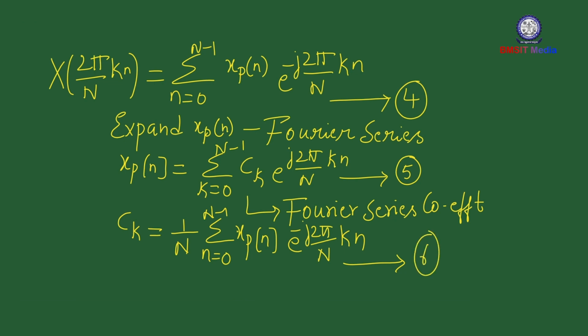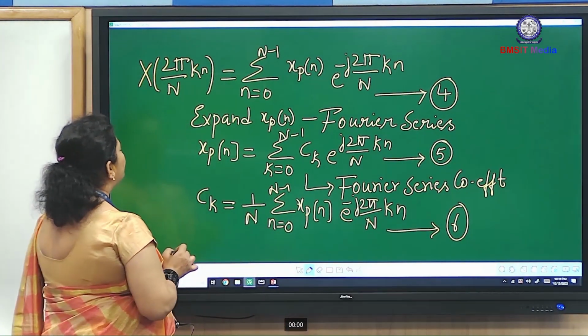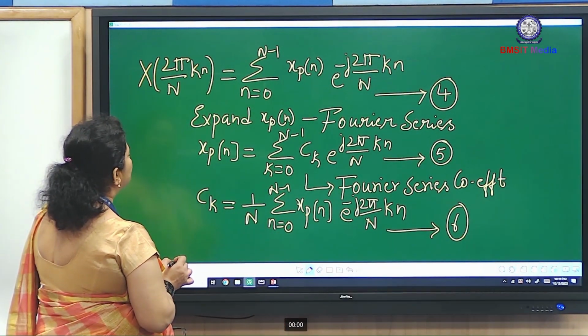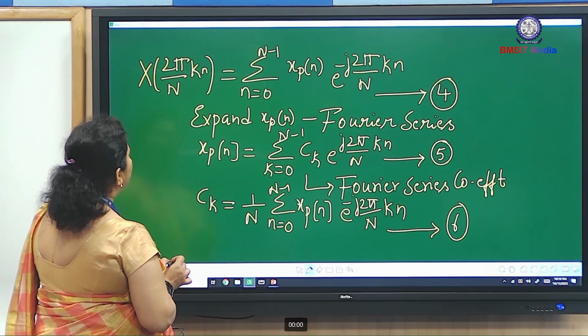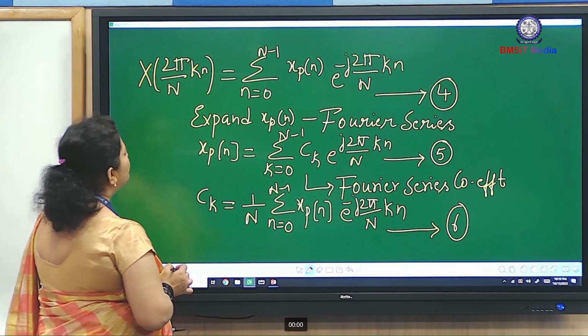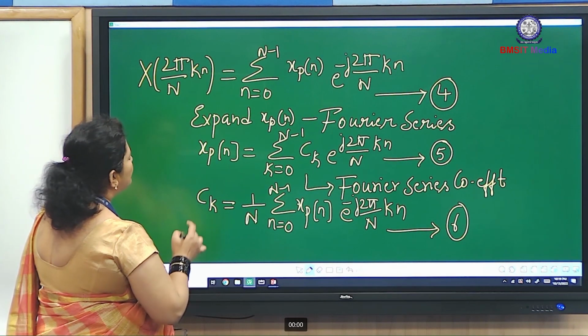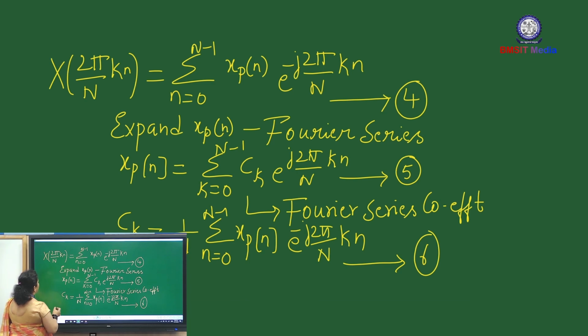Now after expanding xp of n using Fourier series, then after finding the Fourier series coefficient ck, I am going to compare equation 4 and equation 6. You can see there is similarity here. So you have n varying from 0 to N minus 1 xp of n e raised to minus j 2 pi by N kn.